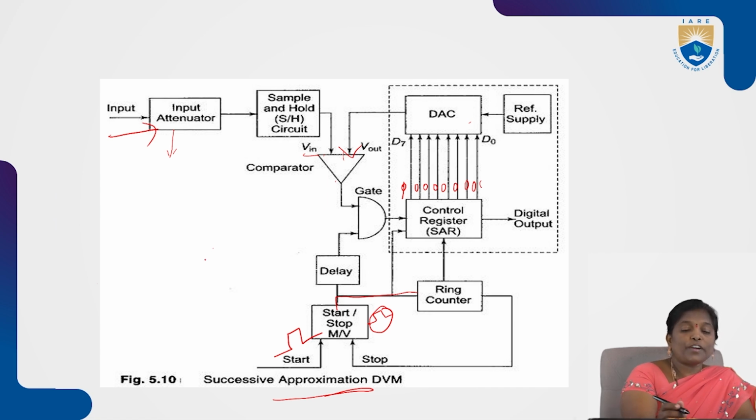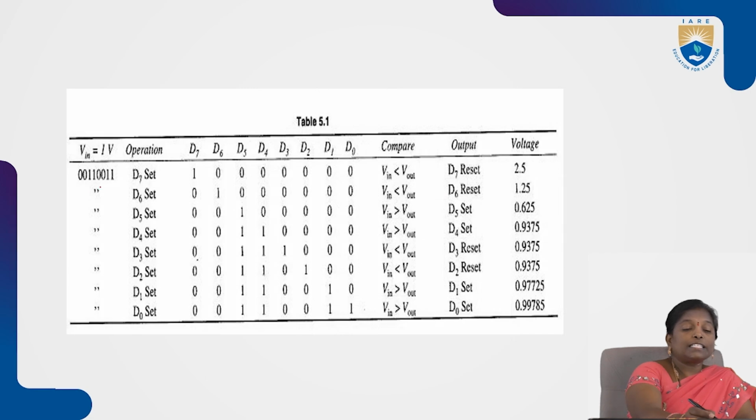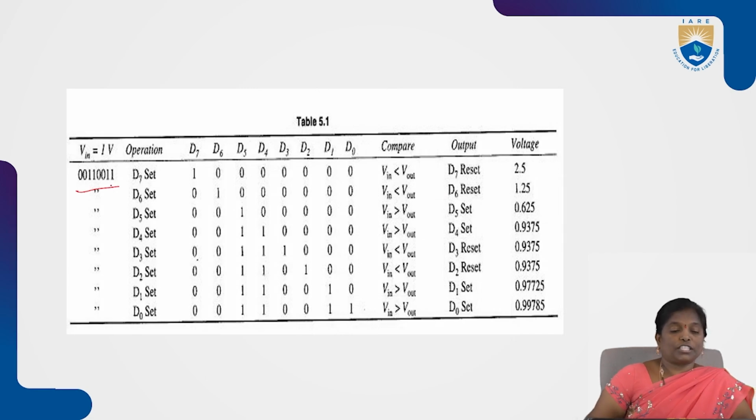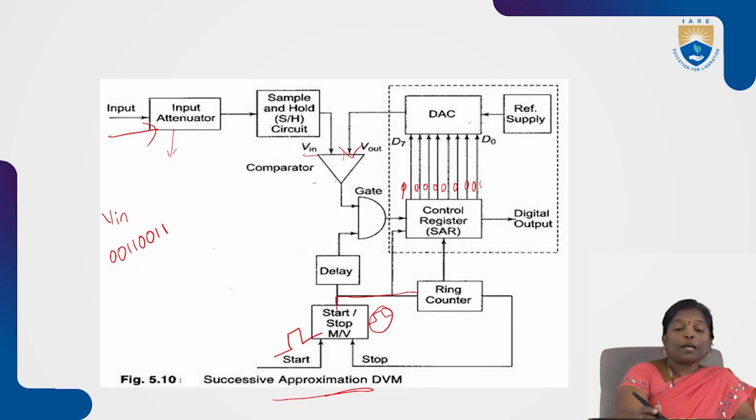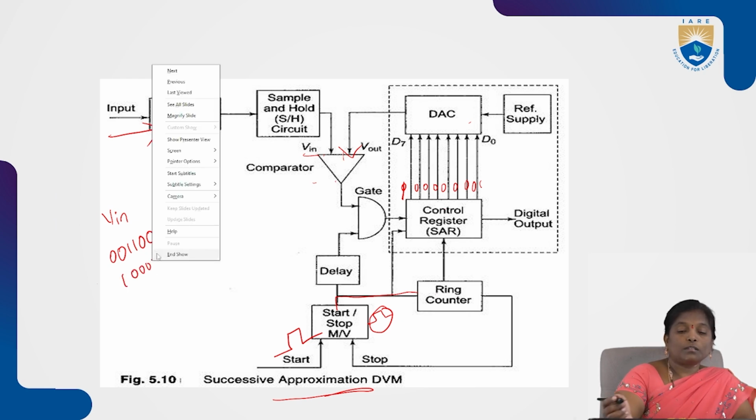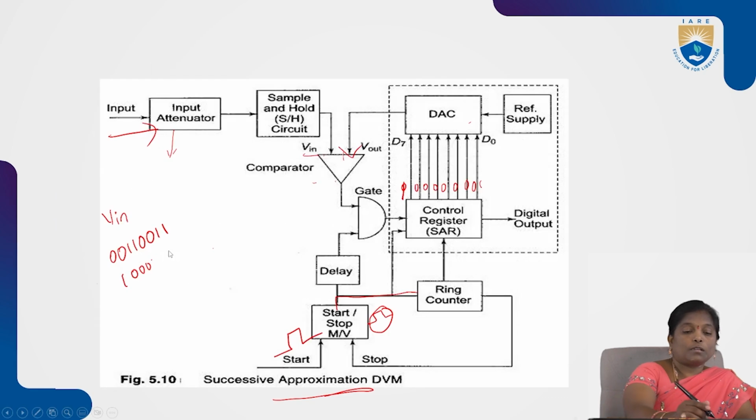Now the digital input we are applying to this comparator is Vin, which is equal to 00110011. This is the input we apply through the input section, and the input we apply through the DAC for the first pulse is 10000000.